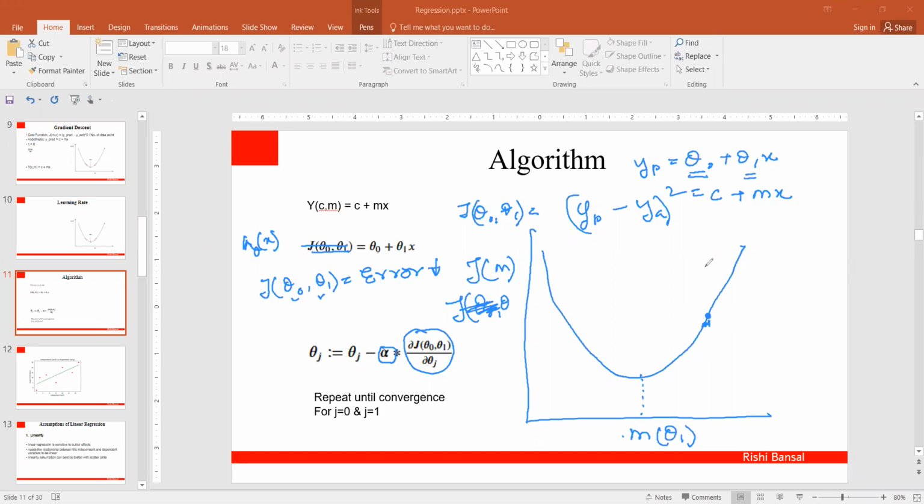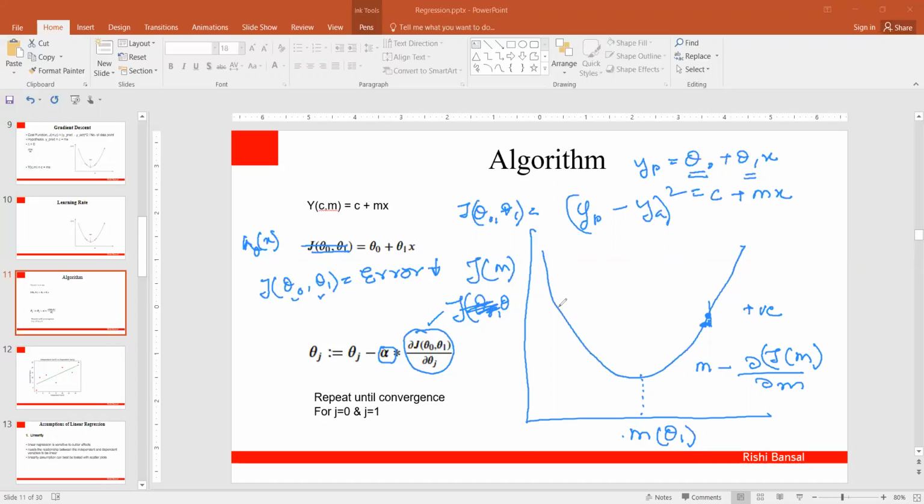If you are on the right-hand side, your slope is positive. That's why we write m minus the derivative of J with respect to m, in short. That is the reason we are doing this. Any question?